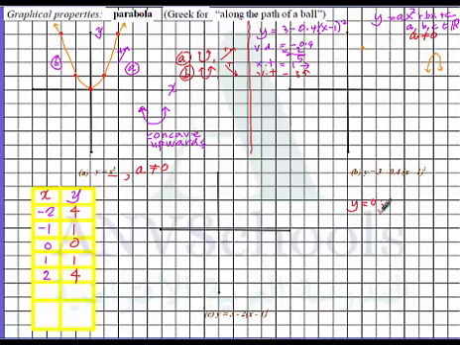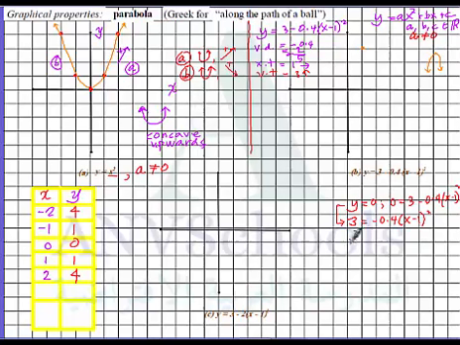So that gives us 0 equals 3 minus 0.4 (x minus 1) squared. And that would give us, let's transpose 3 now. Negative 3 is equal to negative 0.4 (x minus 1) squared.